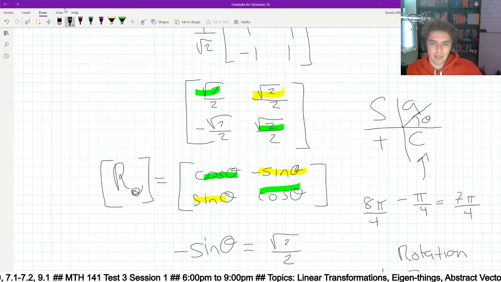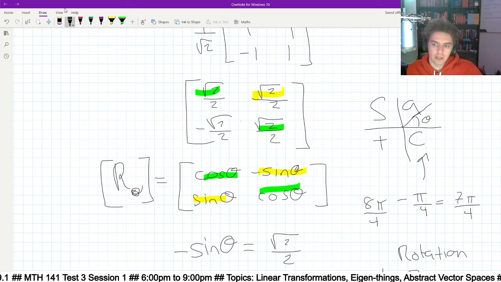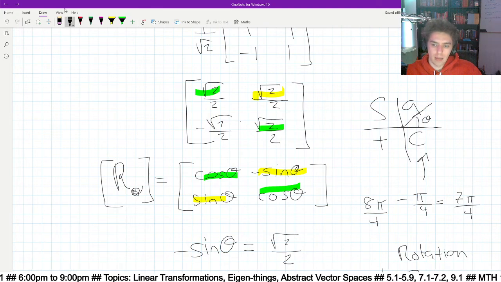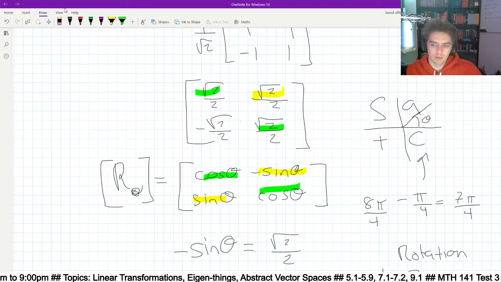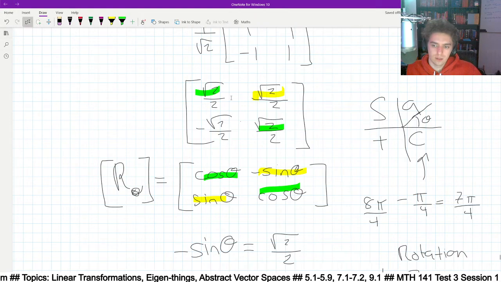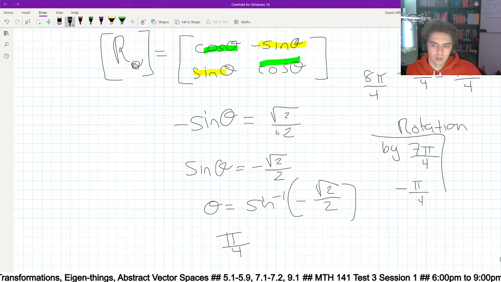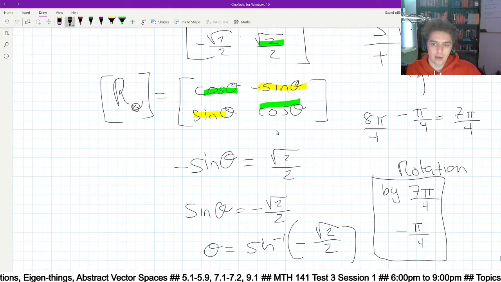So to get the same trig ratio, but in the fourth quadrant, because that's where cos is positive and all the rest are negative, you do 2 pi minus the angle, and we got 7 pi over 4, which is the same as a rotation of negative pi over 4. And that works with the rest of them.